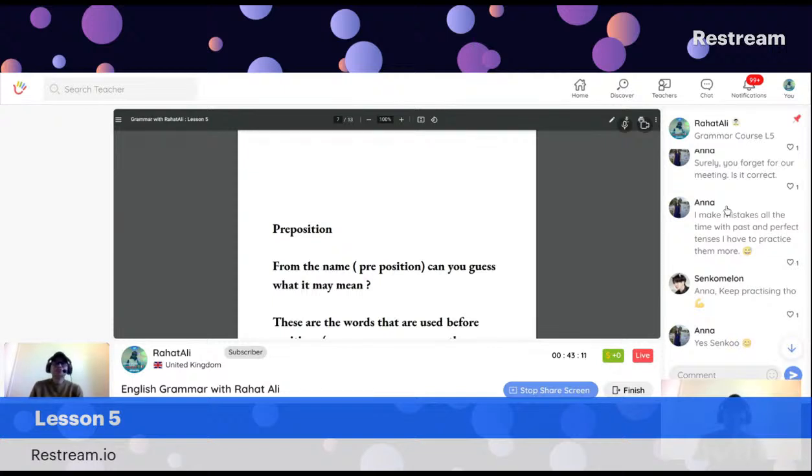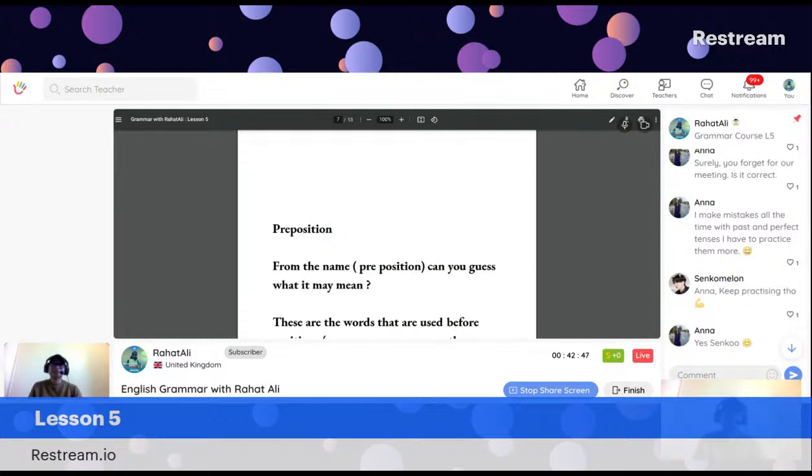Okay, so prepositions are those words which are used before. Pre means before. If you remember, pre is before, post is afterward. Like pre-symptoms, post-symptoms. This is a Latin, I think, affix.